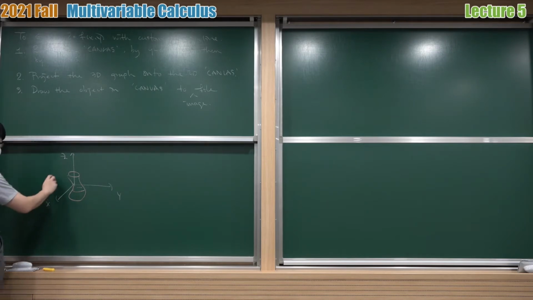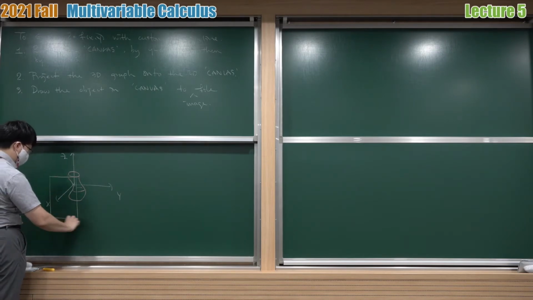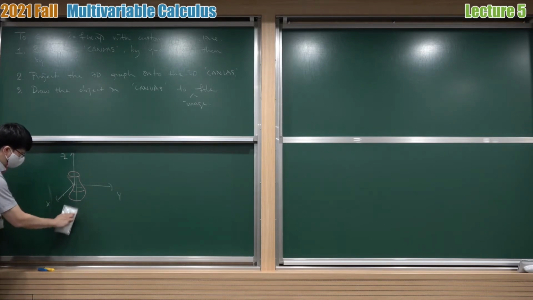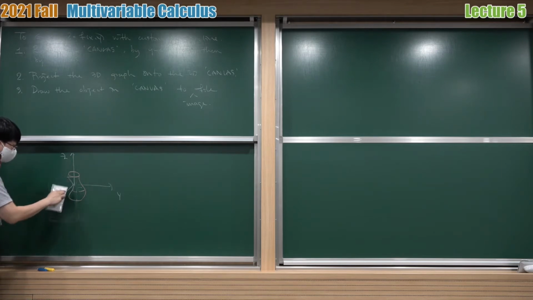You can think that my canvas is somewhere here, but since you are going to project 3D points in the 3D object onto this plane, you don't really need to put it away from the origin. If you're going to project everything on this plane, you can just simply put your plane at the origin, the plane passing through the origin.